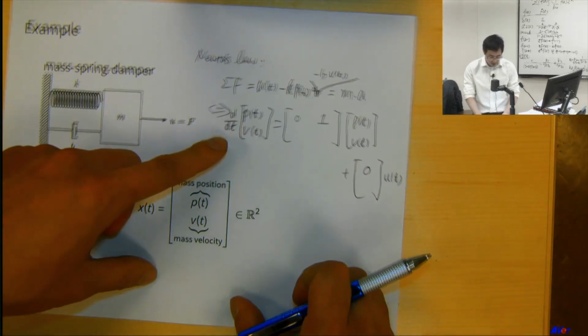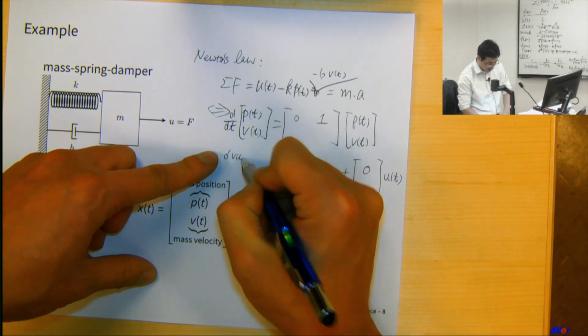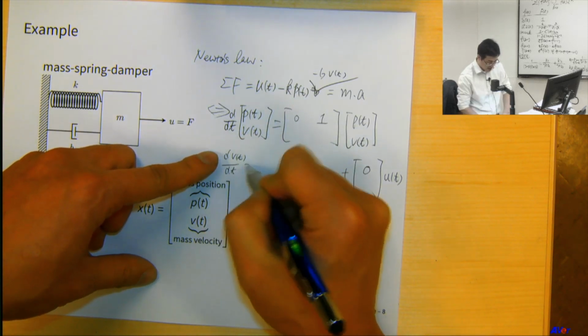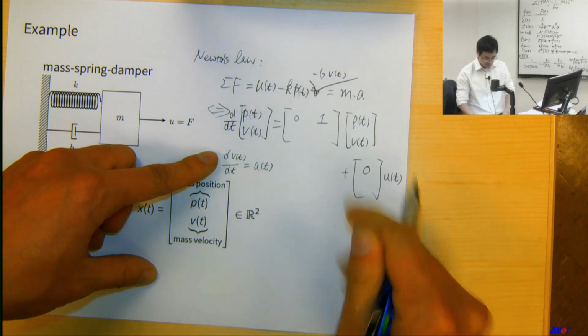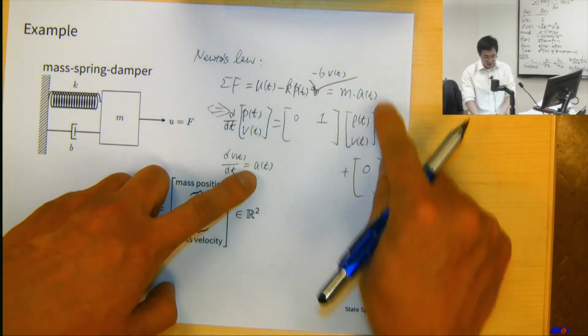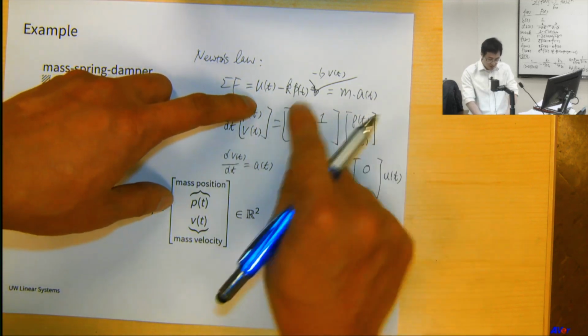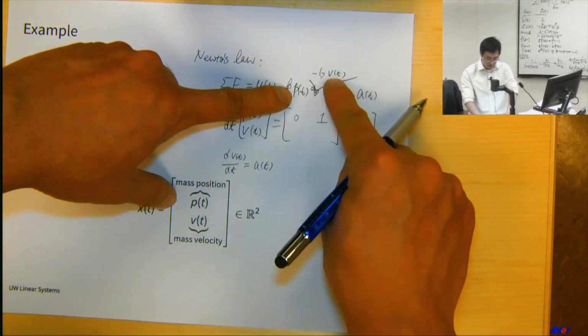For the velocity, we know that dv(t) over dt is the acceleration. We know from Newton's law how acceleration depends on p and depends on v.